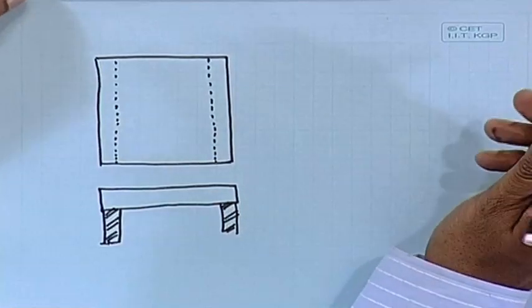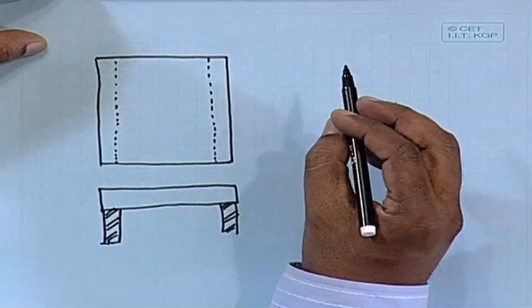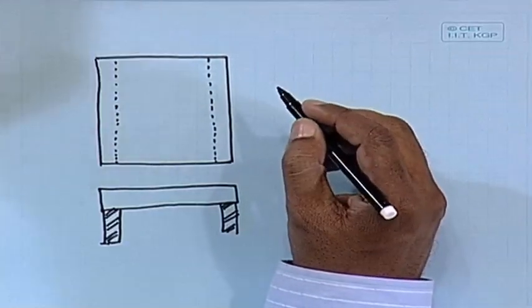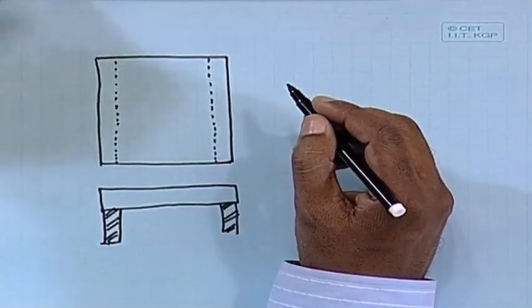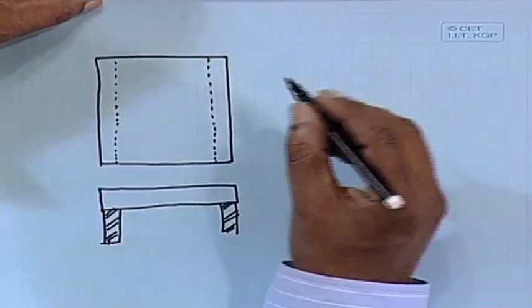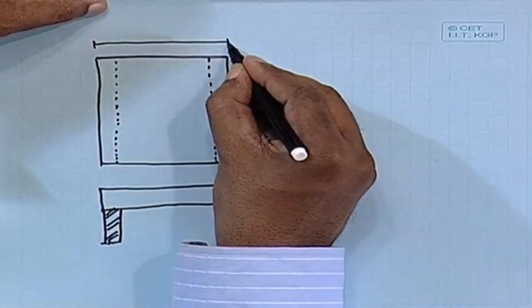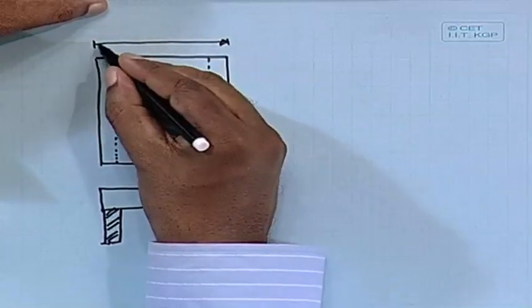Okay. What we shall do, we shall give one reinforcement. Our main reinforcement, how much have we provided? 10 torr at the rate of 150 millimeter center to center, and this is our span, that is 3640.